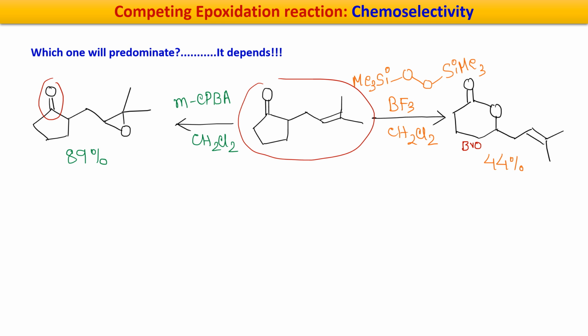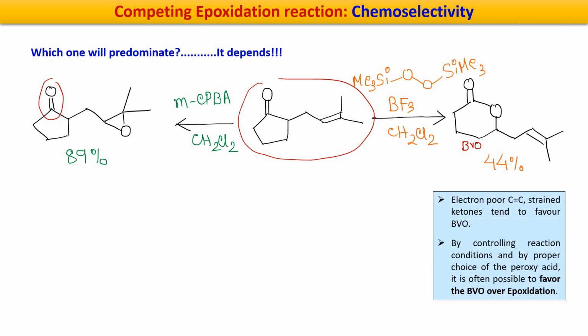But remember, it depends on several conditions. Sometimes you can see an electron-poor C=C. Suppose the C=C is electron poor, and if oxidation is to take place, obviously that will not be a favorable condition. So an electron-poor C=C, even if present, can remain intact.